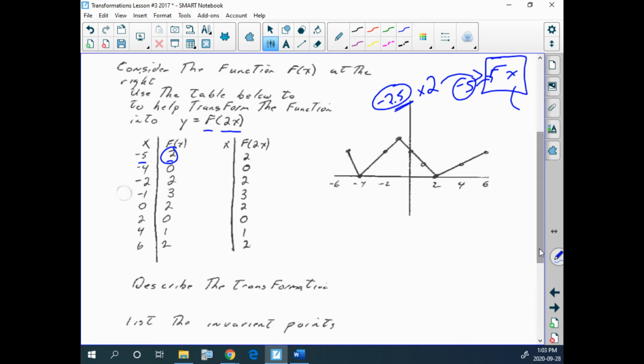The same thing for this. I need to plug in -2, and if I plug that in, I will get out the output number 2. Well, I only need -1 to do that. So I'm going to take each of these input numbers and halve them.